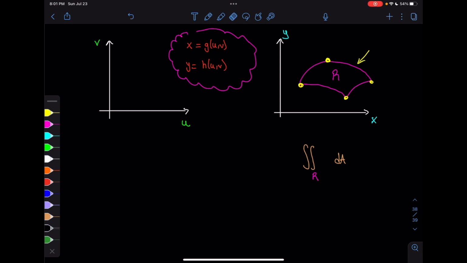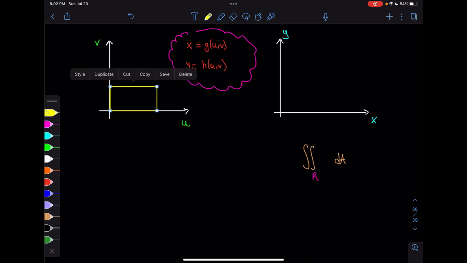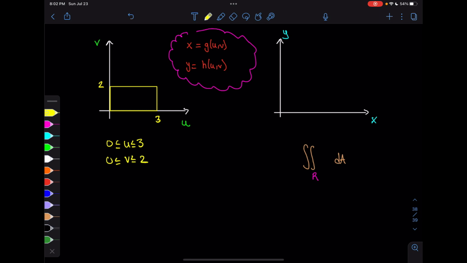And the point of this is, if I have just a nice rectangular region in u and v, let's say u goes from 0 to 3 and v goes from 0 to 2, what happens to this yellow region if I put it through that transformation? What does it look like over here in X and Y land?